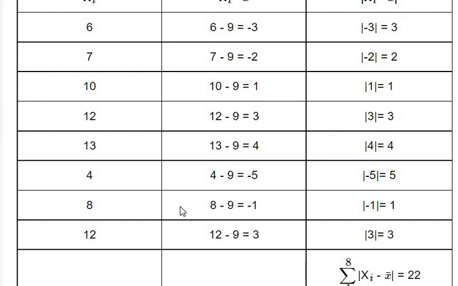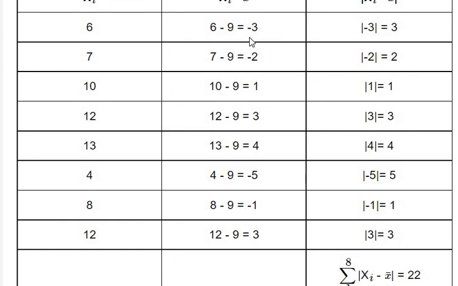So we got these values. Now we have to do the modulus. What is modulus? See these values. This is x minus x bar. So we got minus 3, minus 2, 1, 3, 4, minus 5, minus 1 and 3. What is modulus?